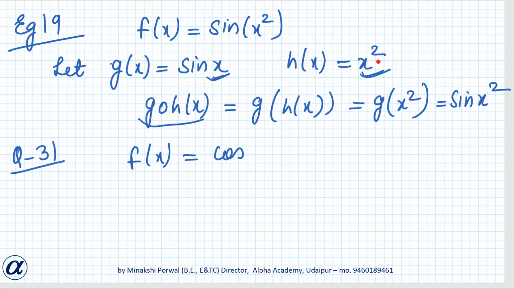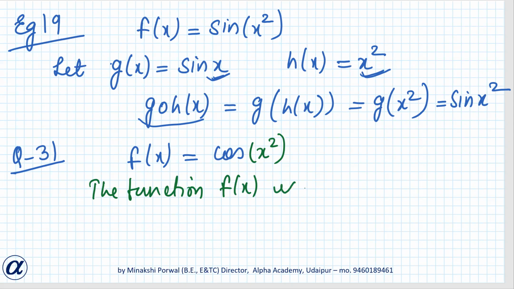Then question number 31, f(x) equals cos of x square. The function f(x) is defined for every real number.